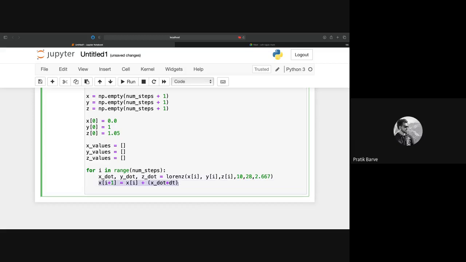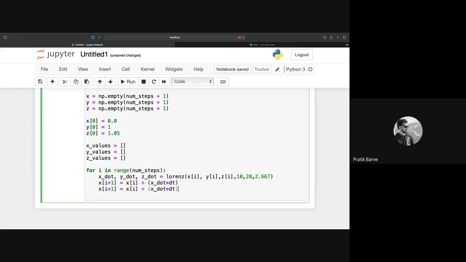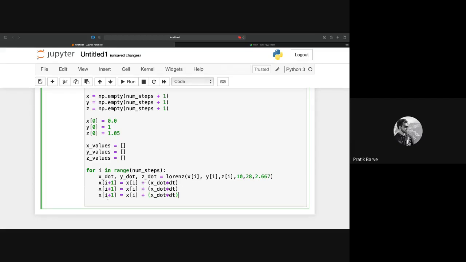And just copy paste this twice and change wherever it's required. So for the next element in y, it will take the previous element of y and add the y dot into dt. Next element of z, first element of z, z dot dt.